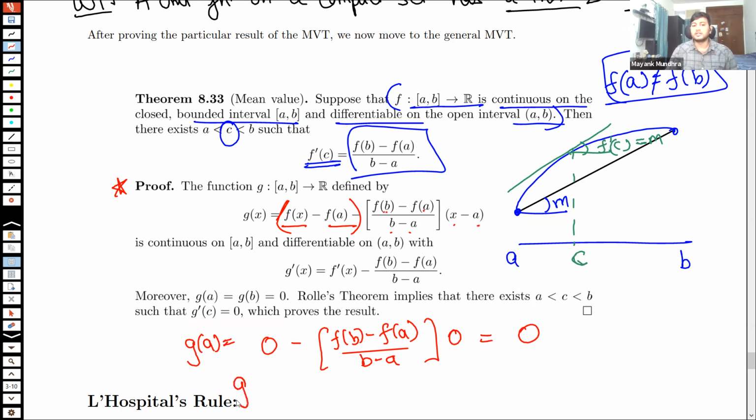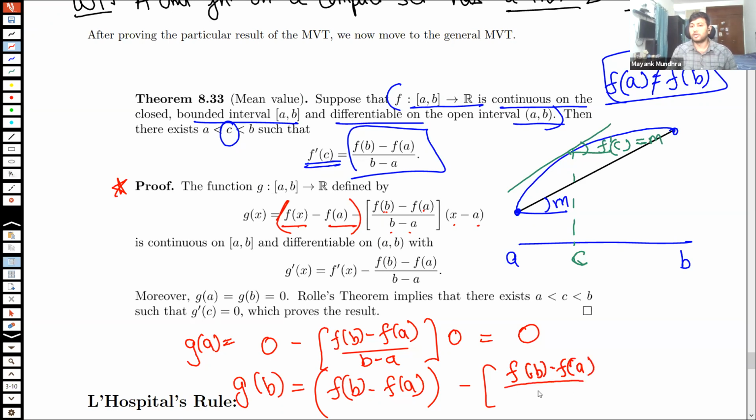And g of b is f of b minus f of a upon f of b minus f of a, this is the first part, minus f of b minus f of a upon b minus a into b minus a, because x is now b.